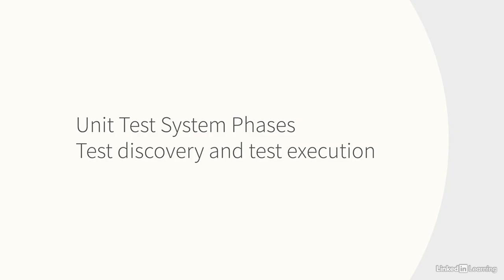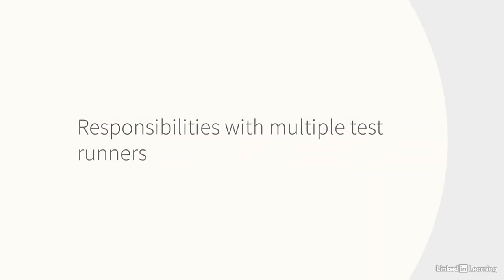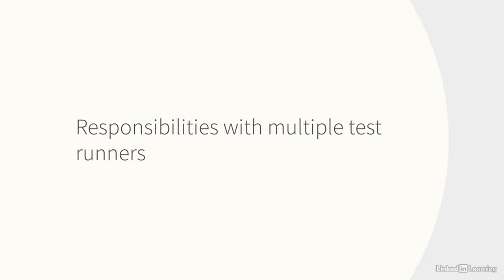Unit testing systems are generally split into two phases, test discovery and test execution. The discovery phase is where the test runner determines which methods to call. Once it has the list, it calls them during the execution phase. Let's talk more about how multiple test runners work in an IDE like Visual Studio. The standalone test runner can do all the work on its own.